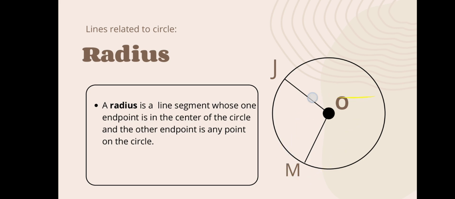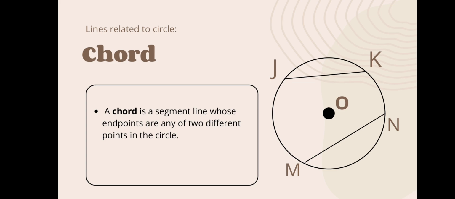So let's proceed. Next one is a chord. A chord is a segment whose endpoints are any of two different points in the circle. So that is a line segment. As you can see here, there's a line here and this is a chord, and also here.